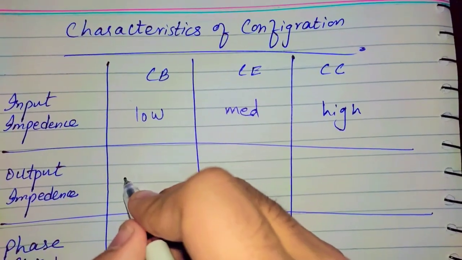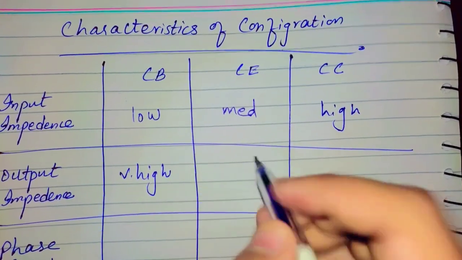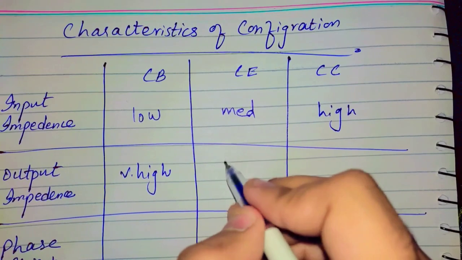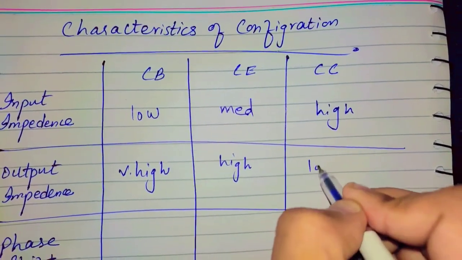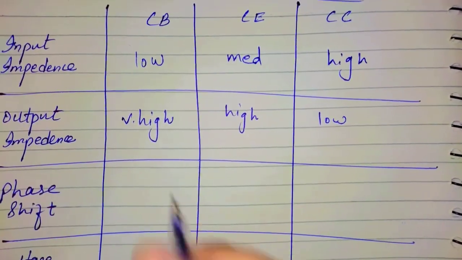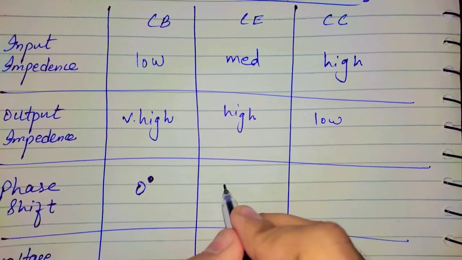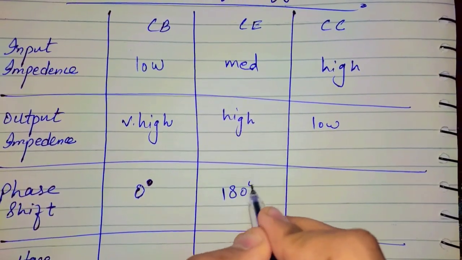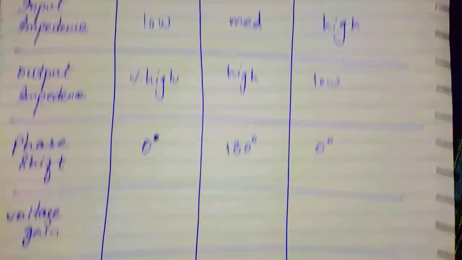Common base has very high output impedance, common emitter has high, and common collector has low. The next one is phase shift. Common base has 0° phase shift, common emitter has 180°, and common collector also has 0° phase shift.